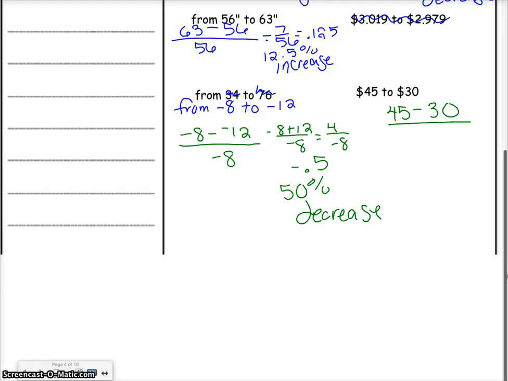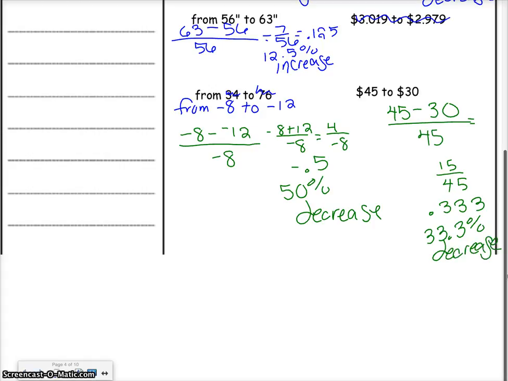You started at the 45, which is 15 over 45. 15 divided by 45 is 0.3. I'm just going to go ahead and say 0.333. 33.3%, and I got smaller, so this is a decrease, which means sale.